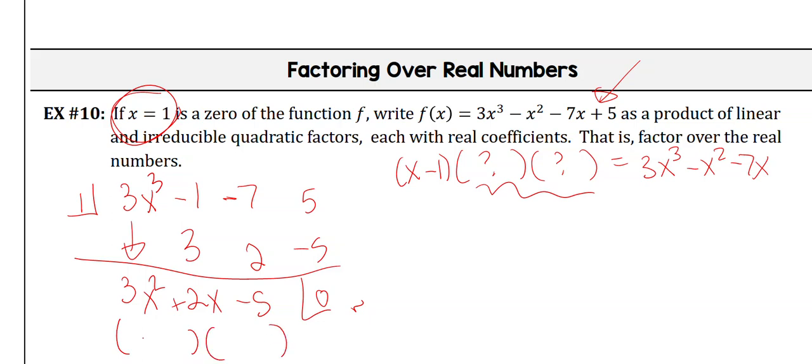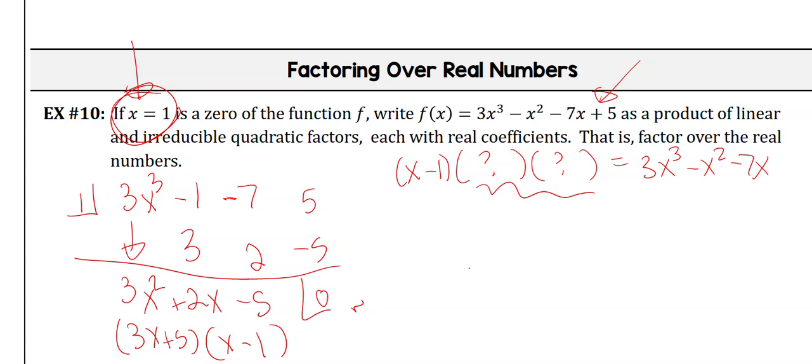So if you factor this, it is 3x plus 5 times the quantity x minus 1. So again, by doing synthetic division, it knocks it down a degree if you know at least one of those. And this can be really helpful with higher degrees.